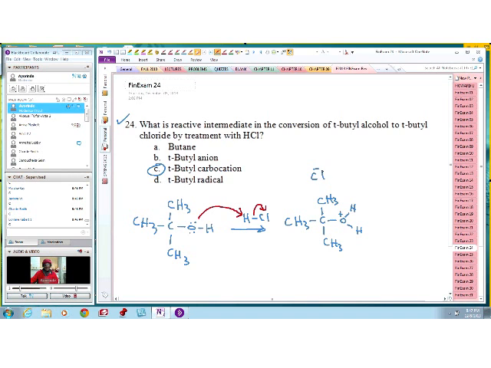Now, the reason why this happens is because eventually this is going to be an SN1 reaction. In an SN1 reaction, of course, you know that you are going to form a carbocation. But in this case, hydroxide is not a good leaving group.